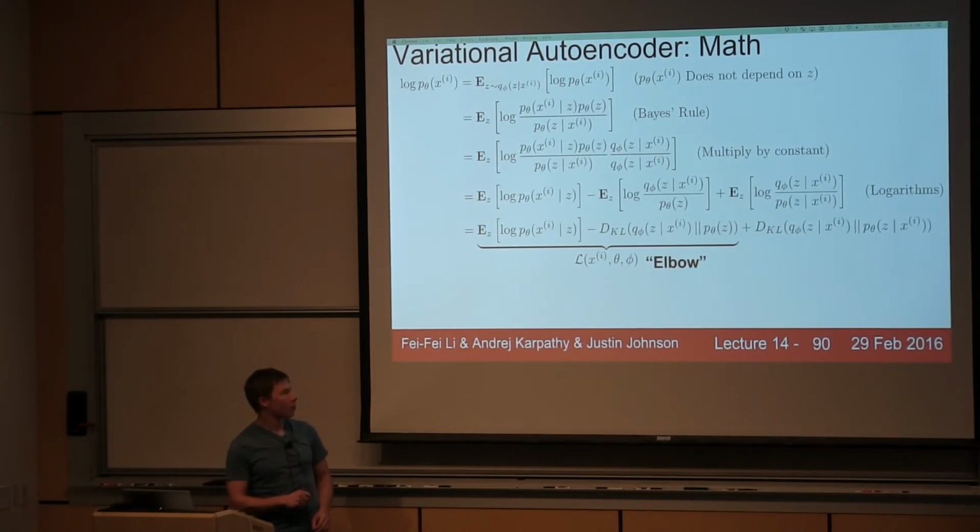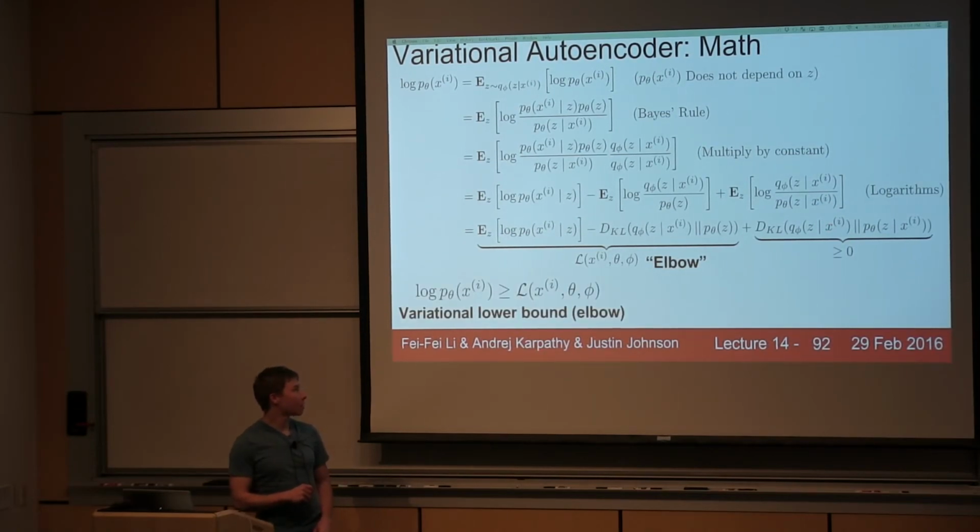But this log likelihood we can write in terms of this term that we call an ELBO, and this other term, which is a KL divergence between two distributions. And we know that KL divergence between distributions is non-negative. So we know that this term has to be non-negative, which means that this ELBO term is a lower bound on the log likelihood of our data.